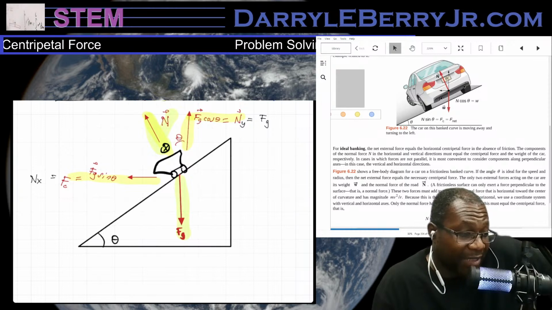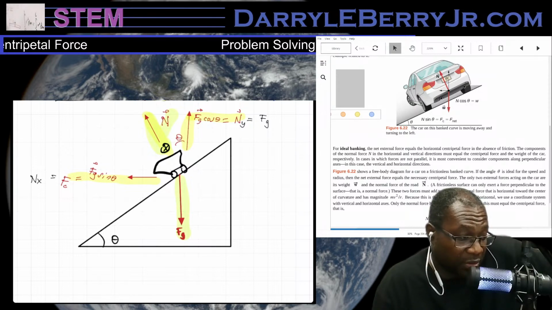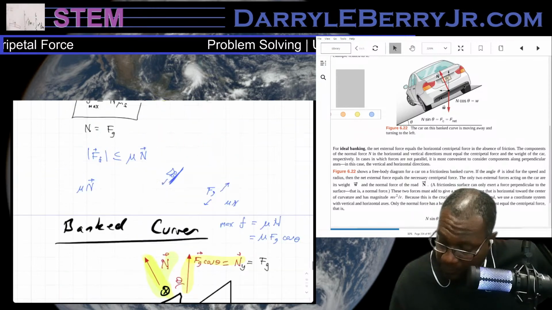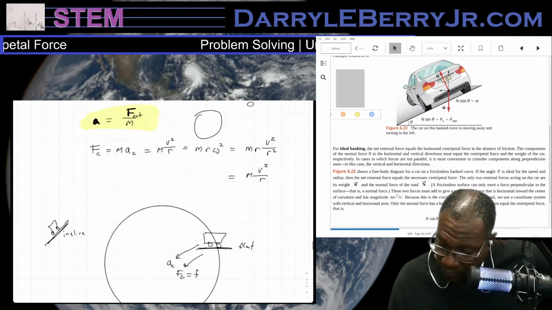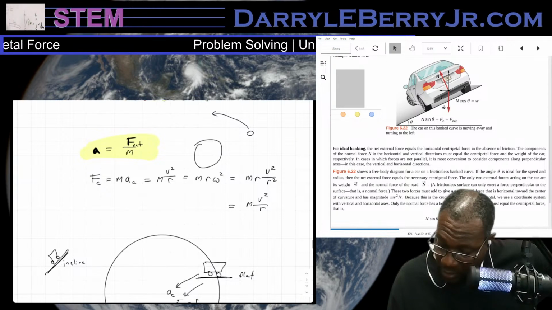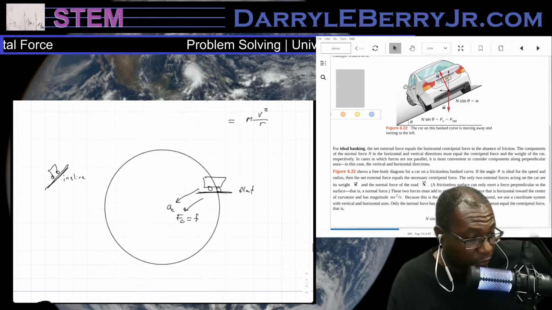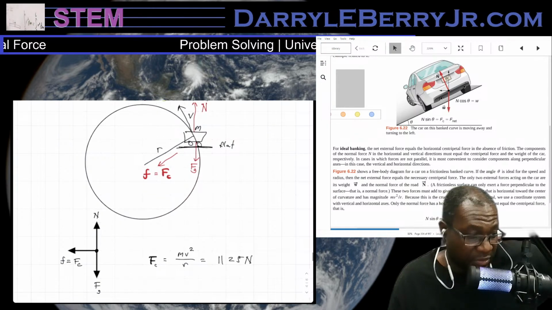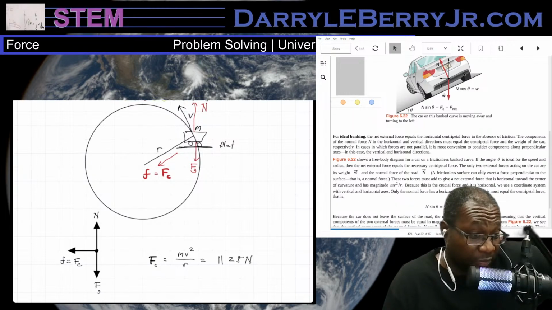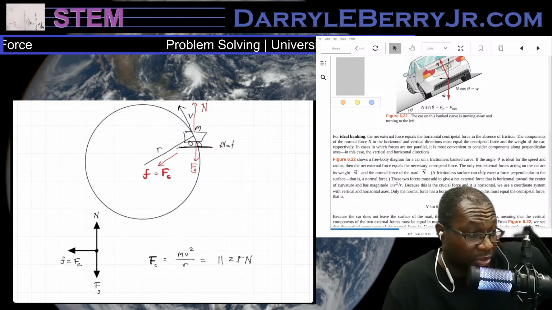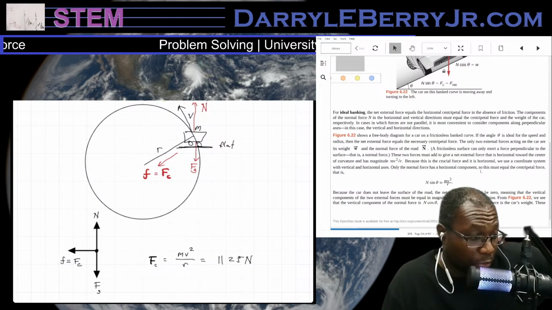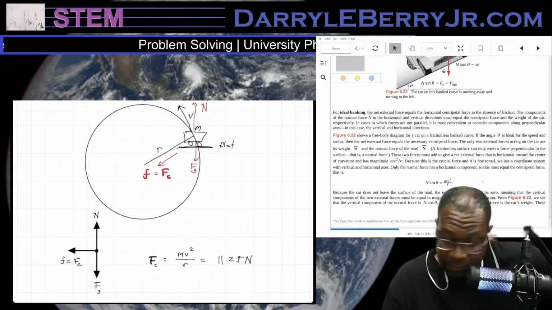These two forces must add to give a net external force that is horizontal towards the center of curvature and has a magnitude of mv squared over r, which is the centripetal force. Because this is a crucial force and it is horizontal, we use the coordinate system with vertical and horizontal axes. Only the normal force has a horizontal component, so this must equal the centripetal force.